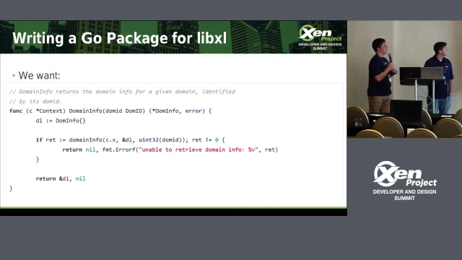And instead of passing the domain info struct, we leverage Go's multiple return value ability, so that we're going to return a domain info struct and an error. And so rather than checking an integer for an error code, we're going to just use the built-in error type and the domain info, which is more familiar to Go developers.